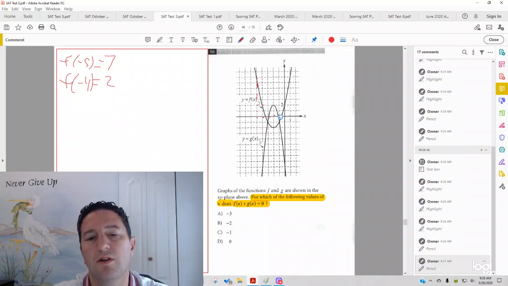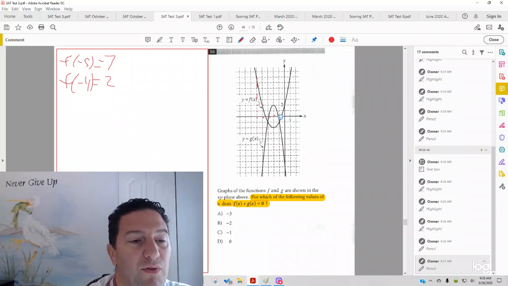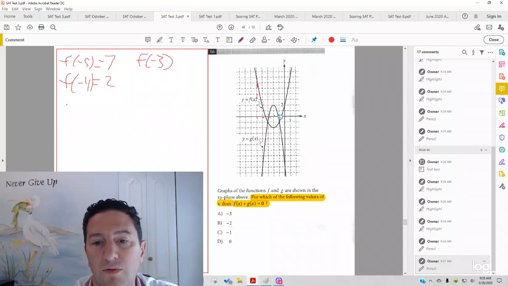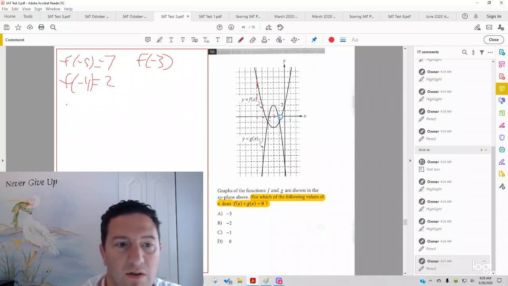What we're doing here, as much as anything else, is a little drill just so you get used to seeing what f of something equals, what g of something equals. Let's say f of negative 3. If we go back 1, 2, 3, f of negative 3 is about negative a half.